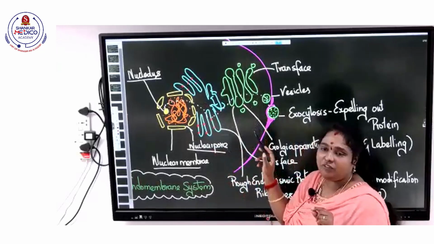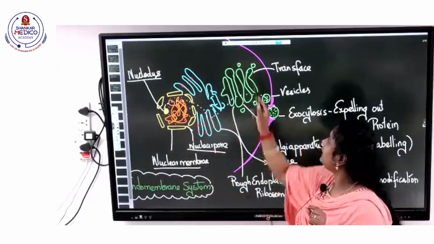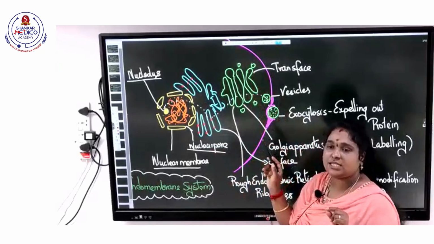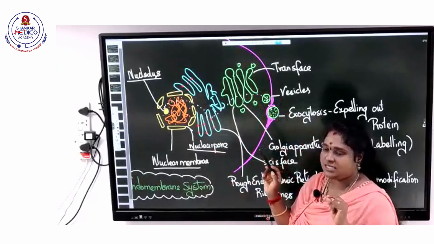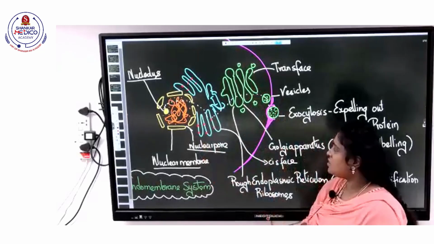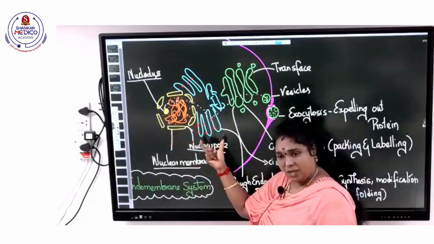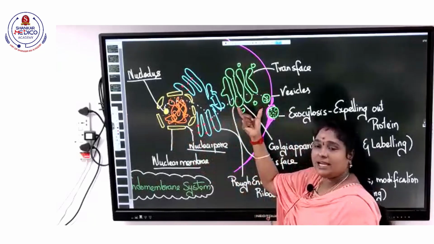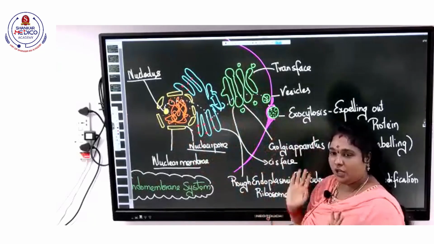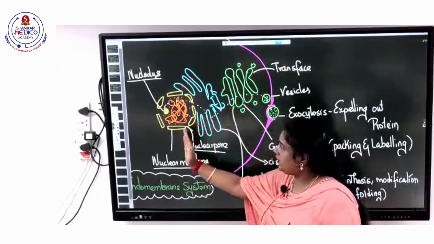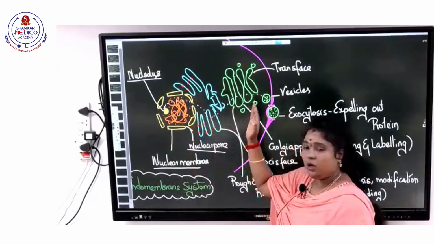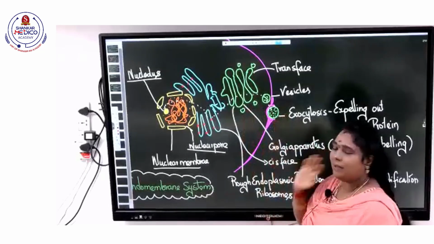The green one is the Golgi apparatus, and the pink is the plasma membrane of the cell. So: nucleus, rough endoplasmic reticulum, Golgi apparatus, followed by plasma membrane.